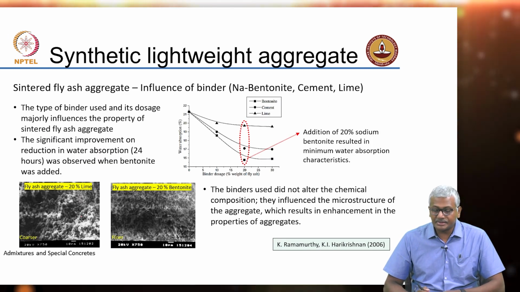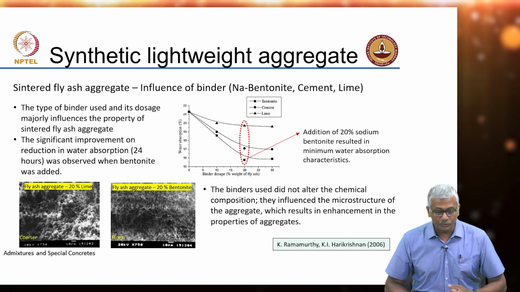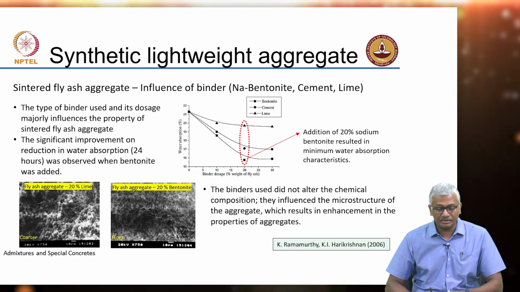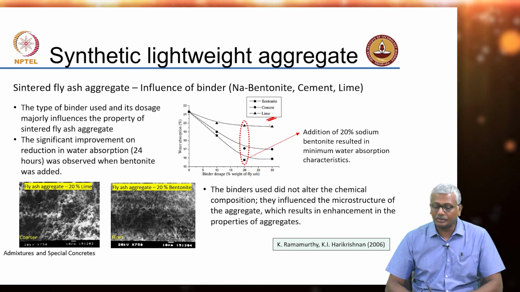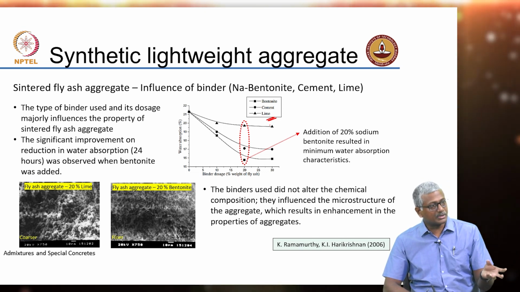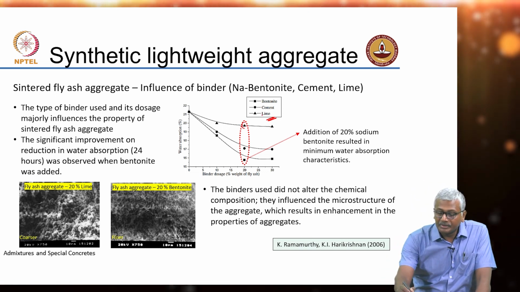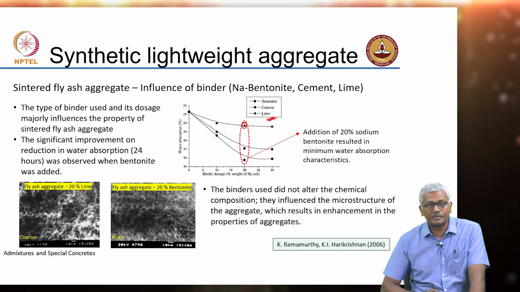Again, here there is an influence of the different types of binders that are used for sintering the fly ash aggregate, or to pelletize the fly ash aggregate, right. Depending upon the type of binder that you use, either bentonite or cement or lime, the resultant sintered aggregate that you produce will have a different property. For instance, if you use lime, the resultant sintered aggregate still has a fairly high water absorption.